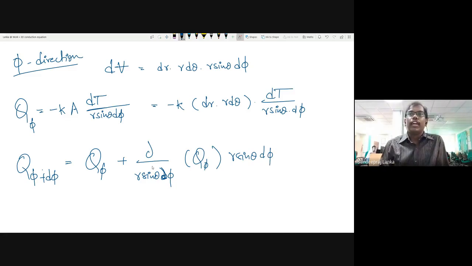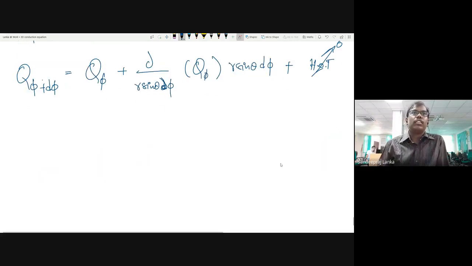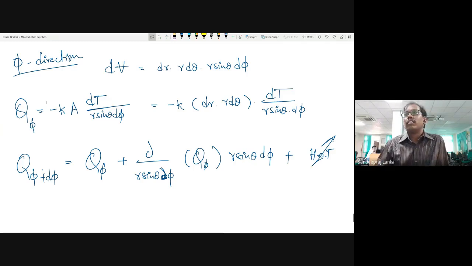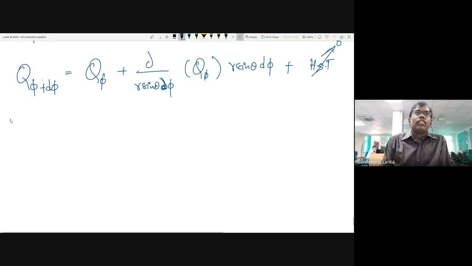This is what you have according to your Taylor series expansion, higher order terms neglected. The same story. So what I have here is d q phi.